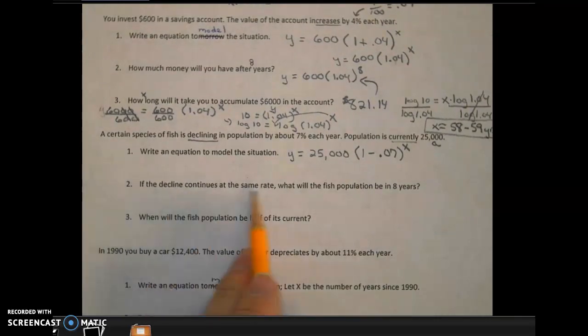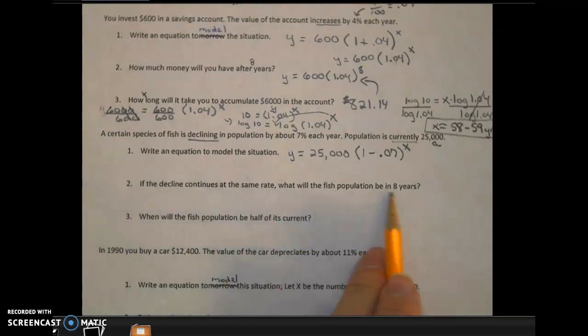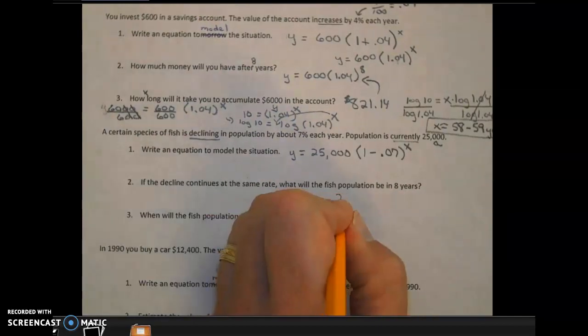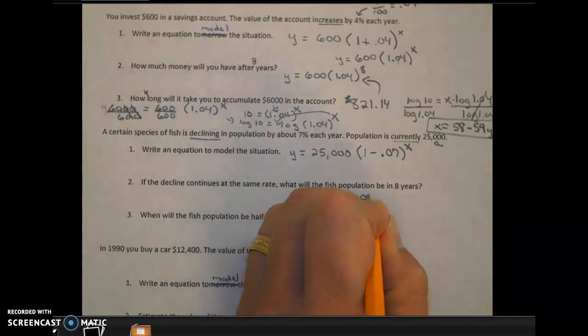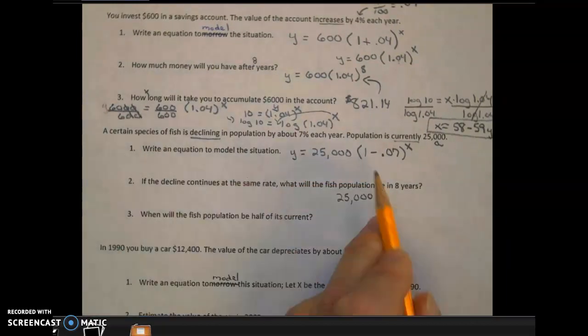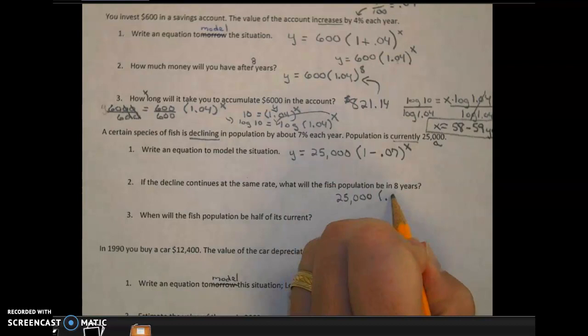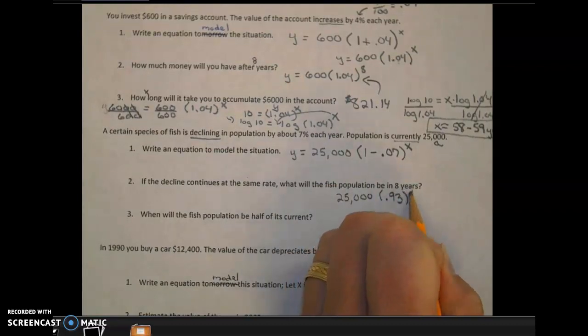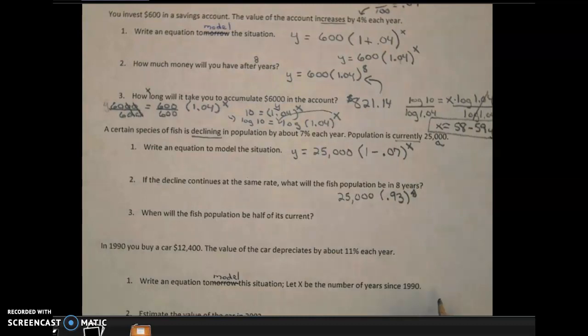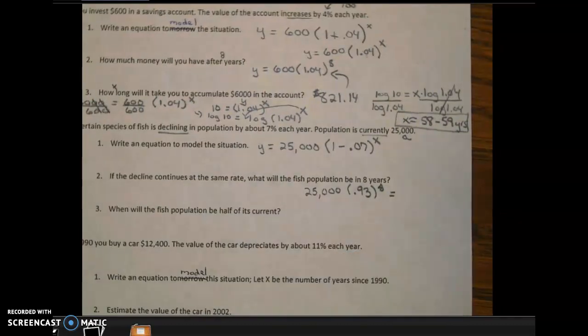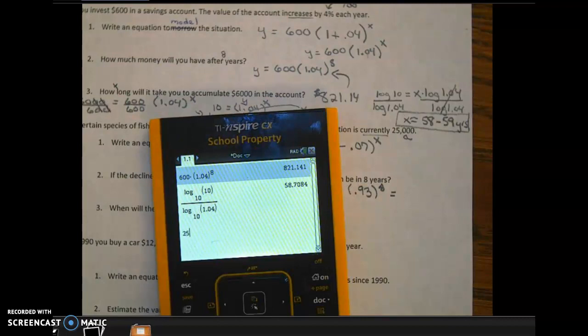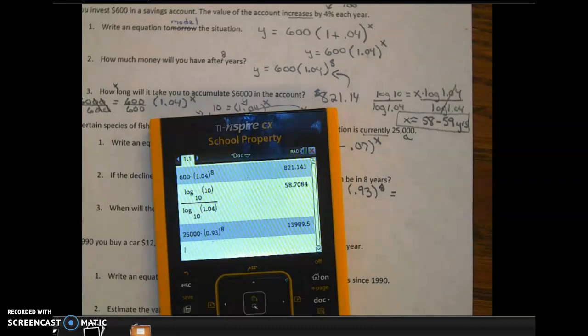If the decline continues at the same rate, what will the fish population be in 8 years? So we want the ending amount here. So this base is going to be 0.93. And the ending amount after 8 years, $13,989.